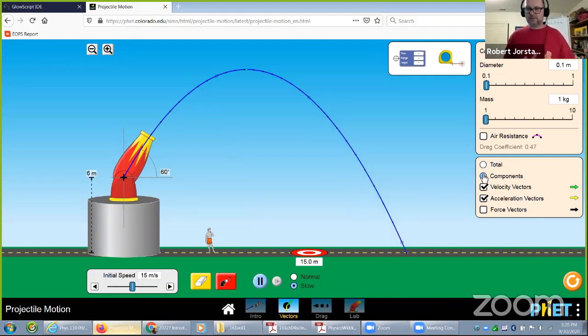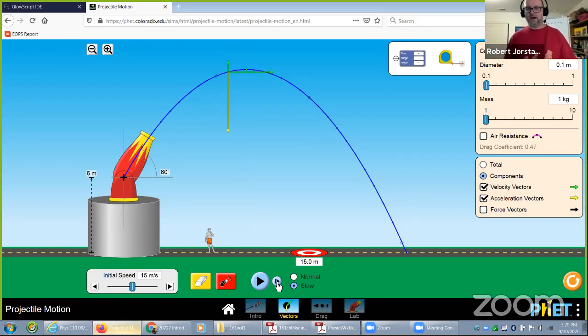Let's look at the components instead of the total, right? I'm going to slow it down when it gets close to the top here. So now, as I step towards this, notice you have a negative acceleration in the y direction. You have a positive velocity.